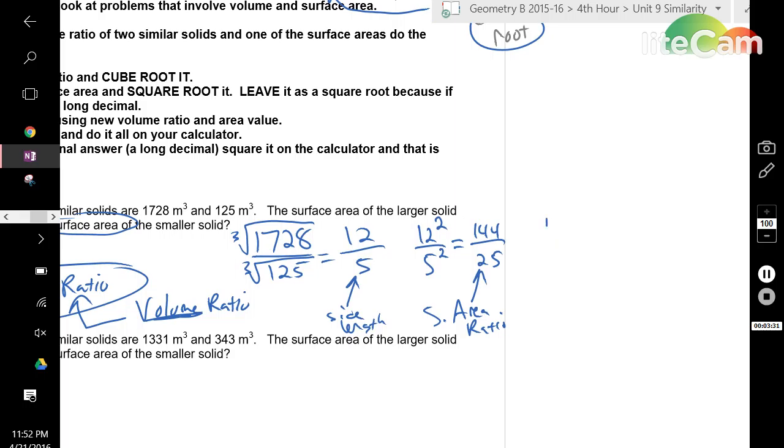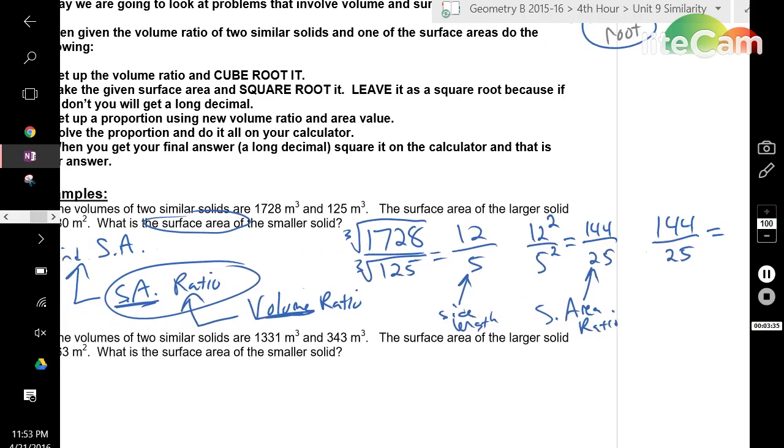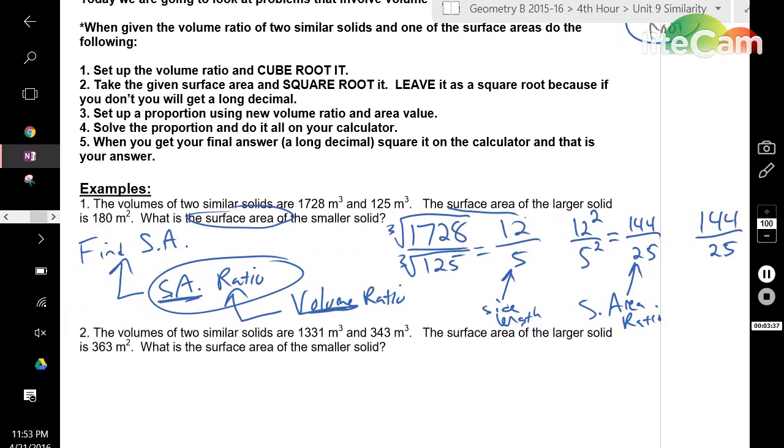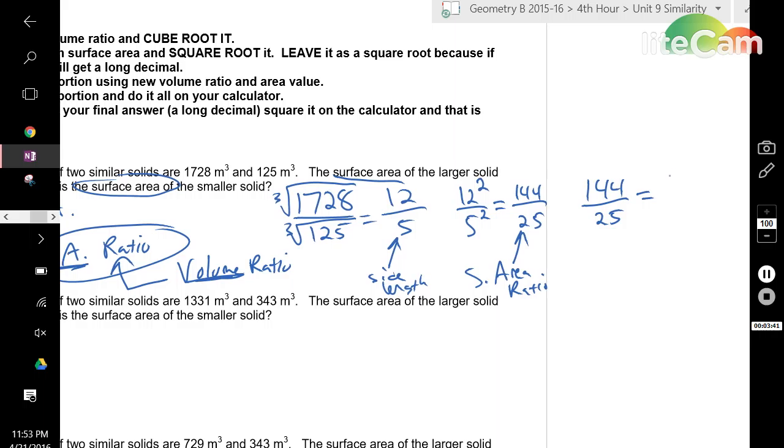So use 144 over 25 in your proportion. They give you the surface area of the larger solid, 180 square meters. 180 will go on top because it's the larger solid, and this is the larger number, 144, over x.